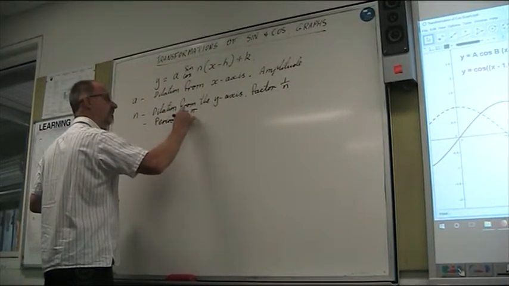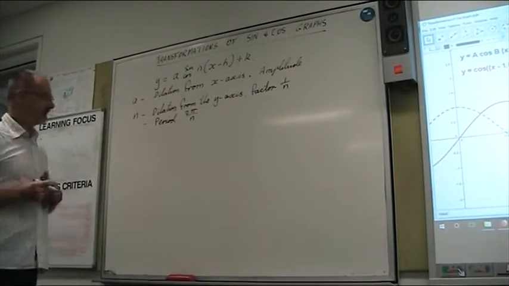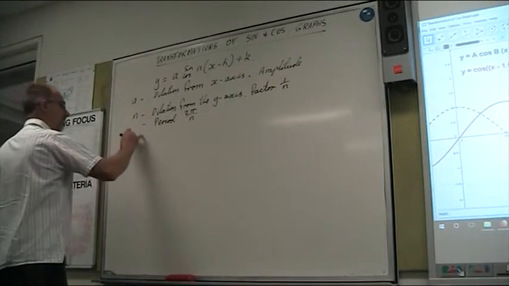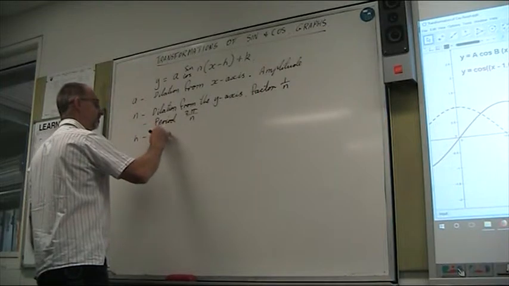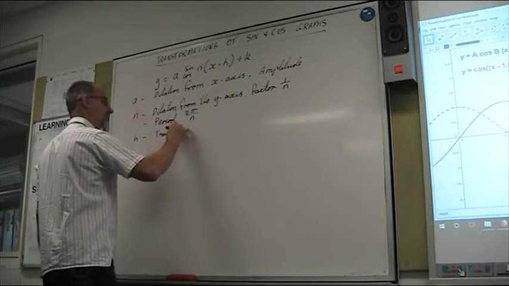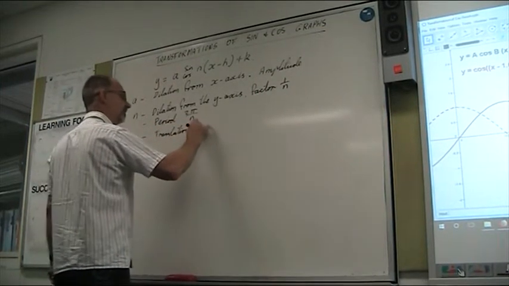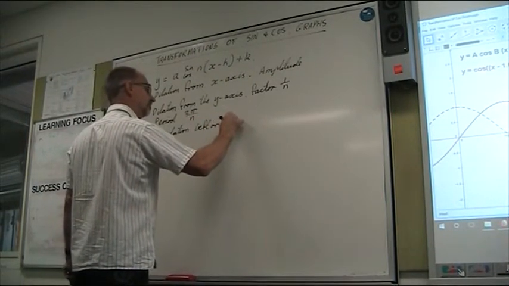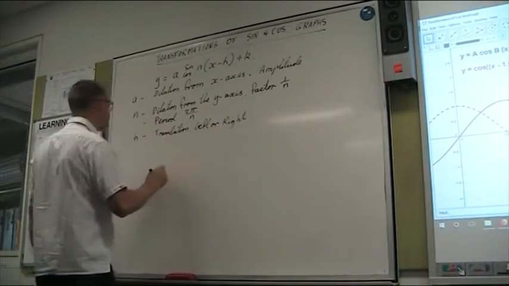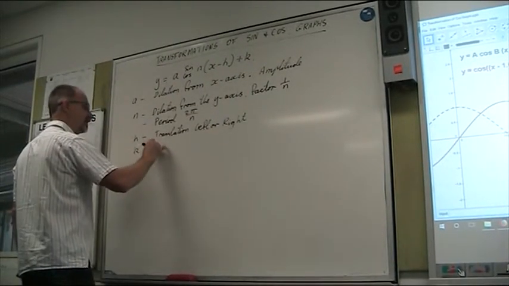So, and that's 2 pi on it. All right, so that's what we did the other day. The h is a translation, left or right. And the k is translation up or down.